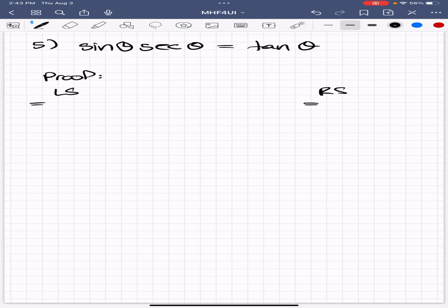Okay, let's begin. So sine theta secant theta equals tan theta.